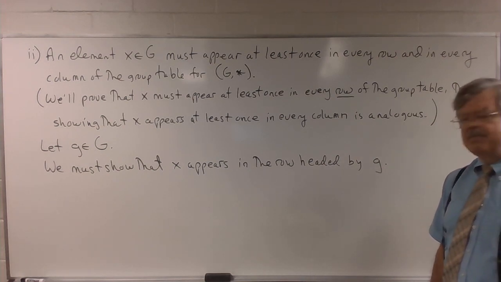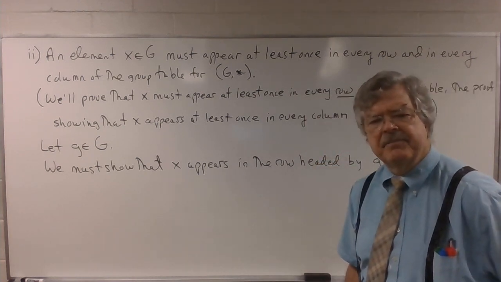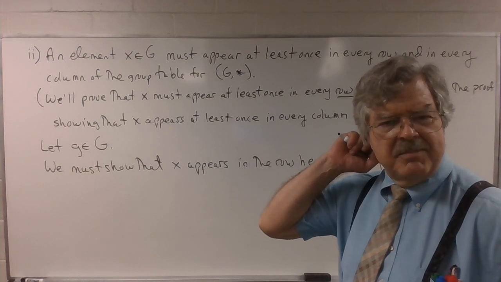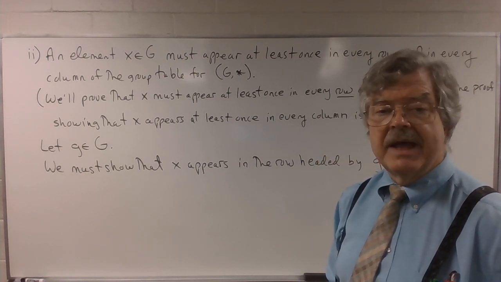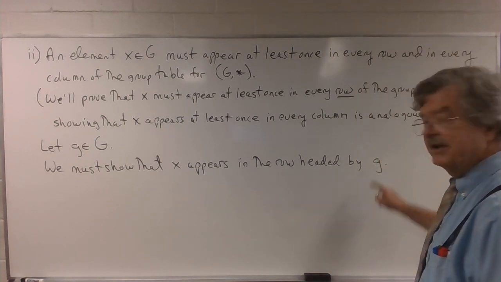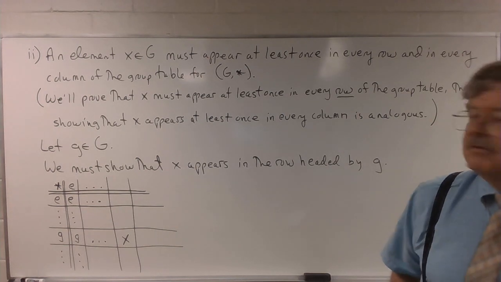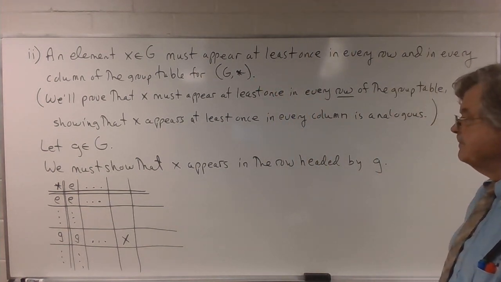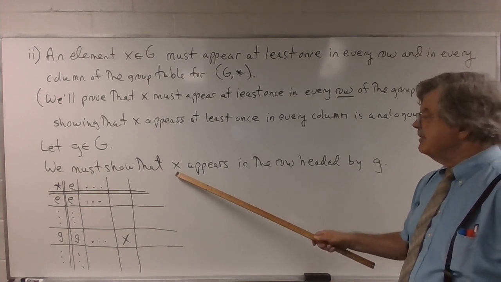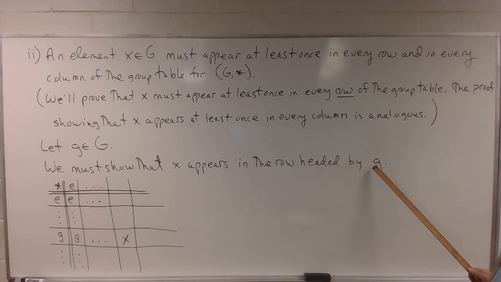Well, let's draw a picture of what that looks like. Let's look at the group table, and we'll focus in on the row headed by the element little g. We're showing that the element X appears in the row headed by the element g.